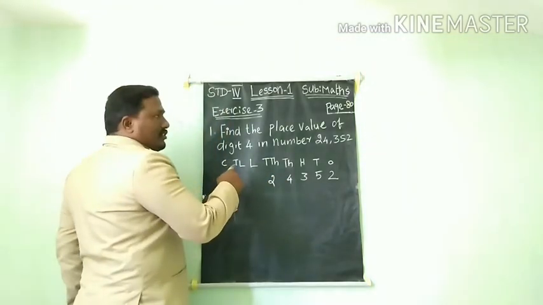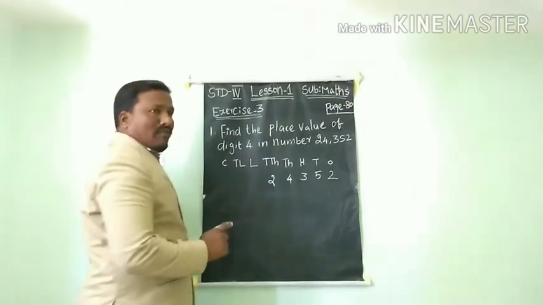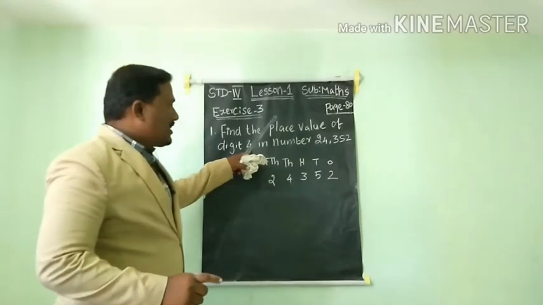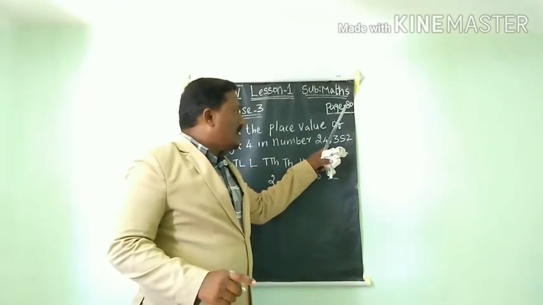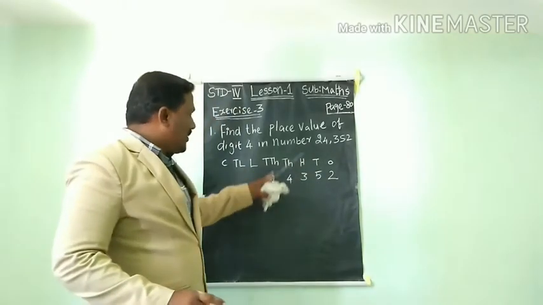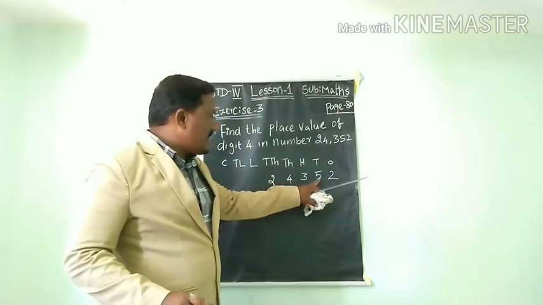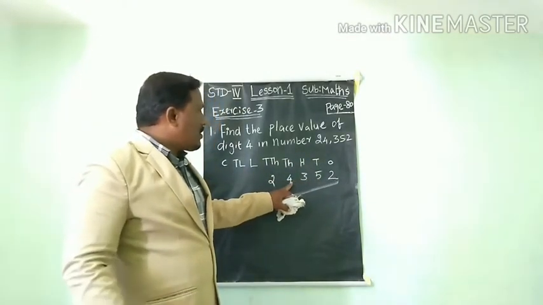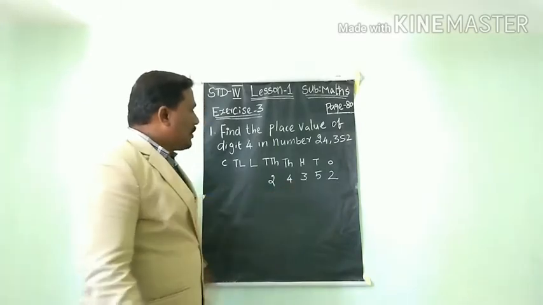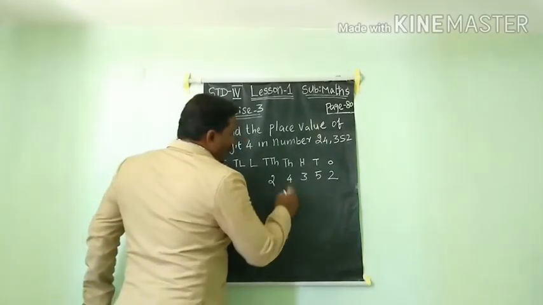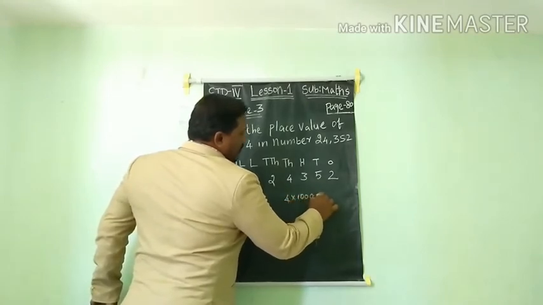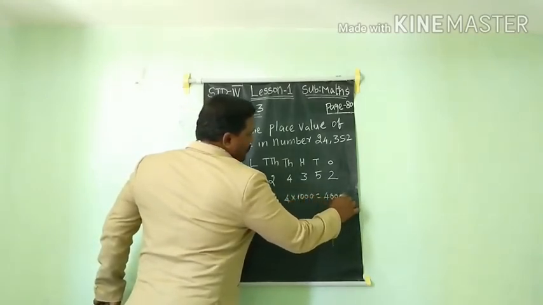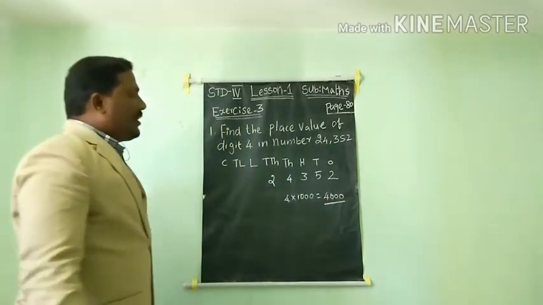What's the question? Find the place value of digit 4. So ones, tens, 100, 1000. What's the place value of 4? 1000's place. So 4 into 1000, 4000. This is the place value.